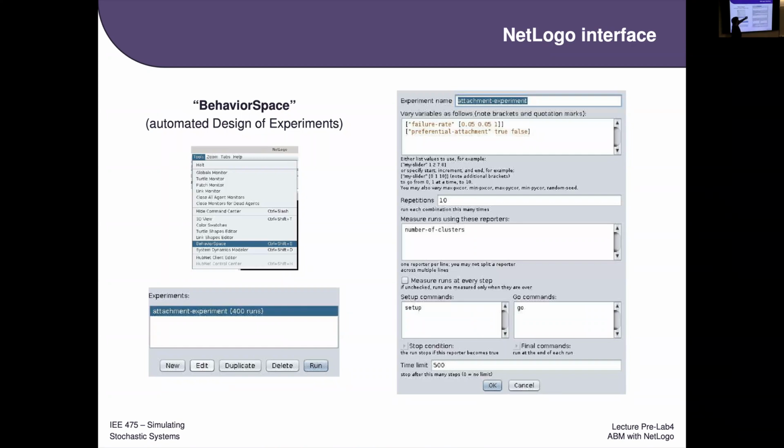You can say, I'd like to see all the failure rates from 0.05 to 1 in 0.05 steps, all of them crossed against this preferential attachment variable. I want to see that in both true and false. So from 0.05 to 1, there might be 20 or 21 different levels of failure rate.